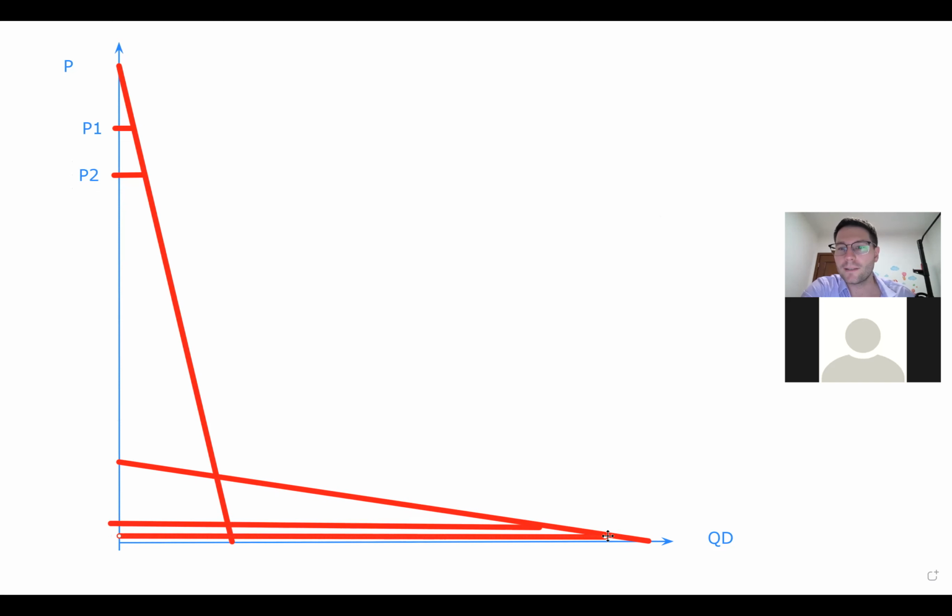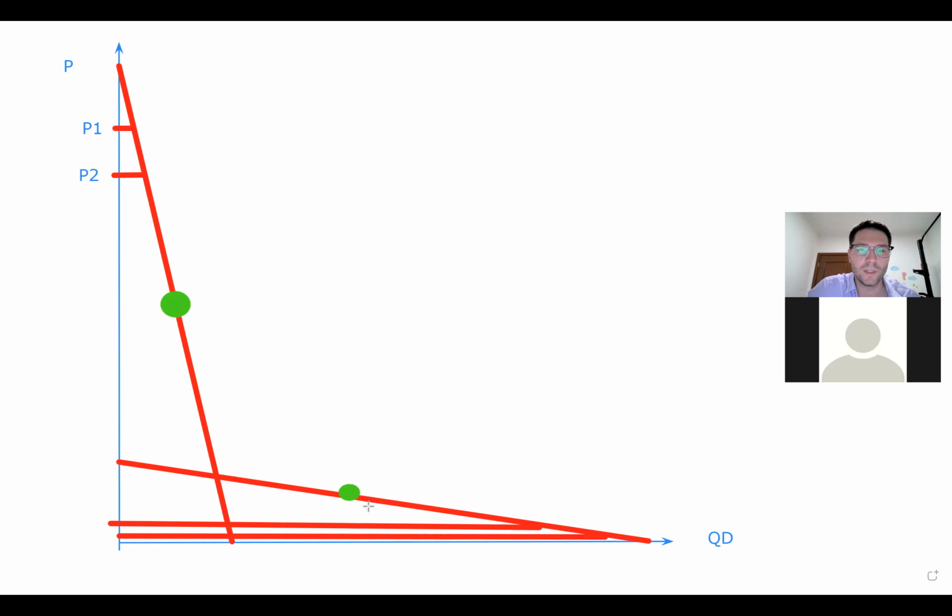Because you know that a demand curve that is a straight line, it doesn't matter what the slope is, always has a price elastic section and a price inelastic section. It is always price elastic above its midpoint. So the midpoint is going to be somewhere here for this one. And always price inelastic below its midpoint.